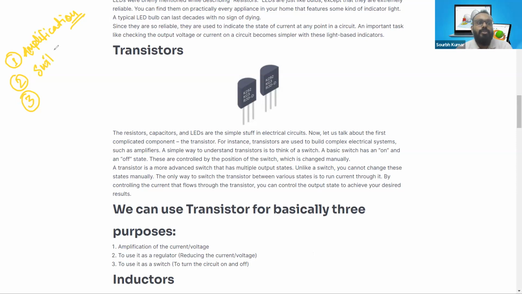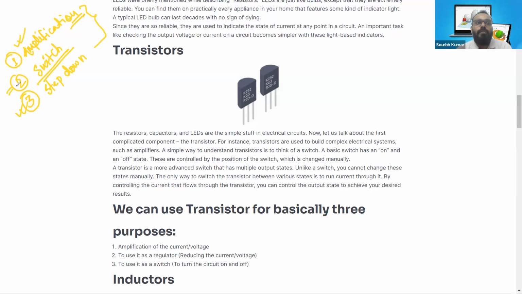We can also use a transistor as a switch in an electrical circuit. And third one is to reduce or step down the voltage. So both can be achieved using the transistor: one is amplification, and another is stepping down the voltage.